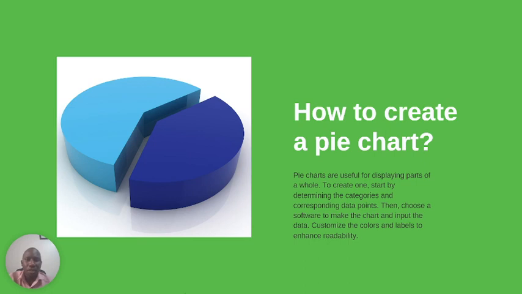So how would you create the pie chart? You can create the pie chart, for example, using Excel, or you can actually draw a pie chart using a Word document. You can do that on your computer, using computer software such as Word or Excel.